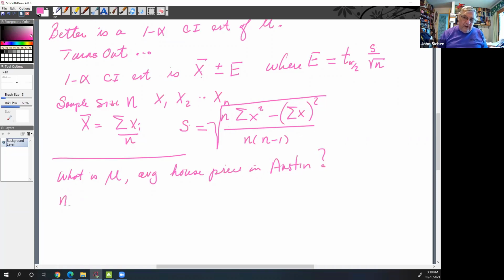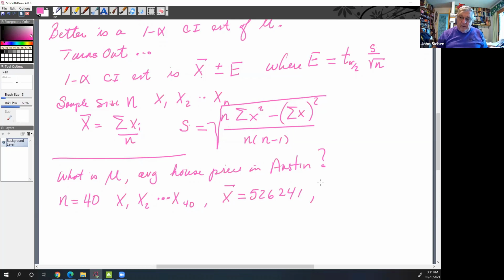Well, we're going to take a sample, and I just decided last night I'm going to take a sample of size 40. And so I took that sample, and my data was X1, X2 through X40. And then I computed X bar from that sample, and X bar turned out to be 526,241.